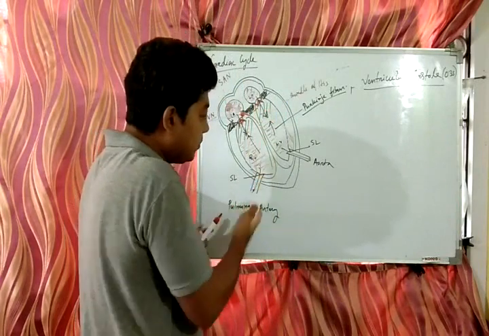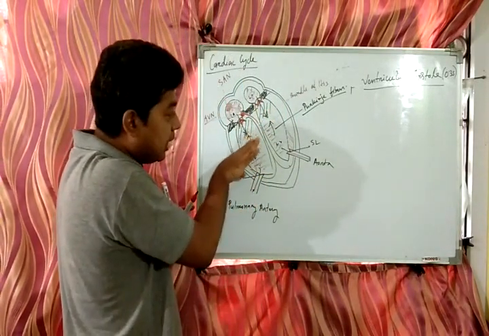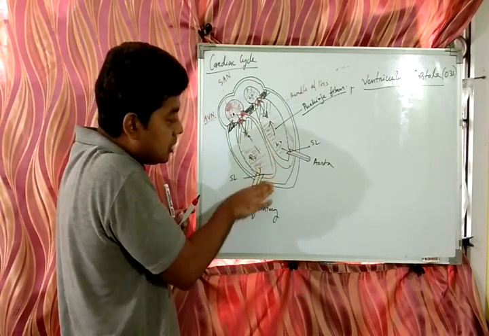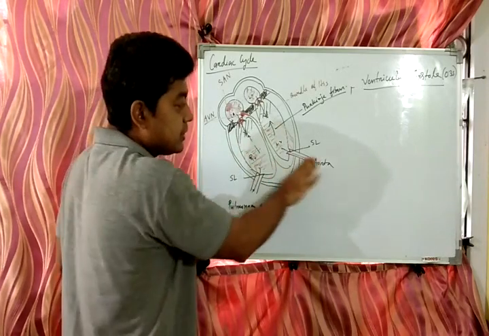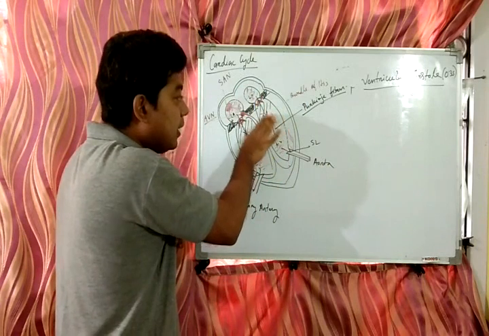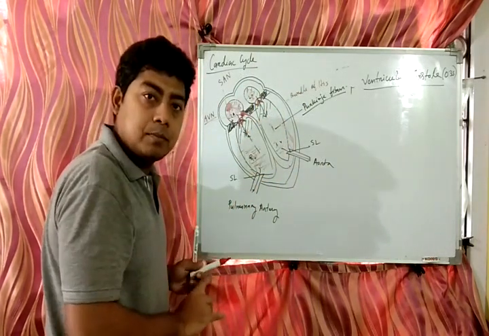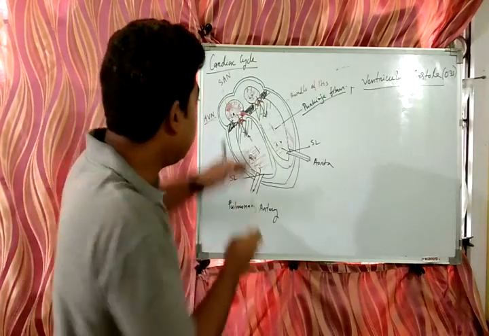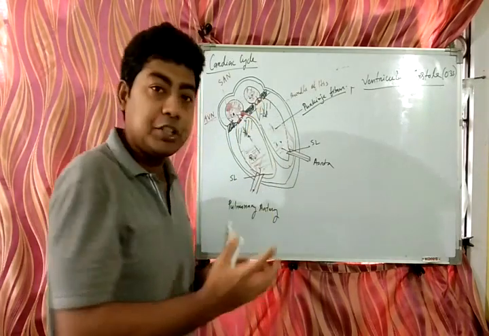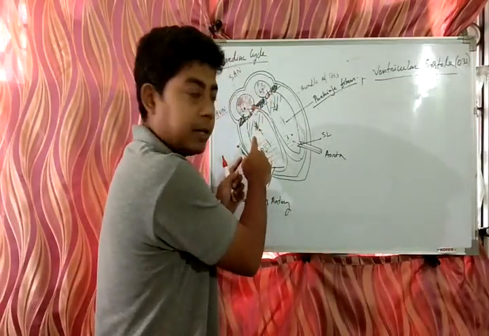Now gradually the blood comes out from the right ventricle as well as the left ventricle. So now there will be less pressure available. The valves which are closed, tricuspid as well as bicuspid, have less pressure on them.